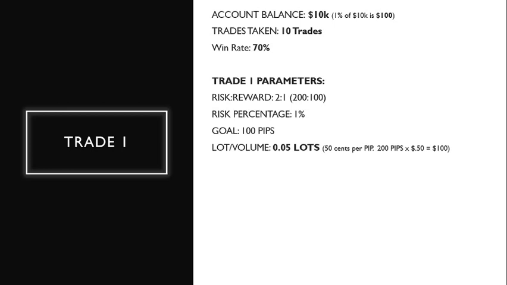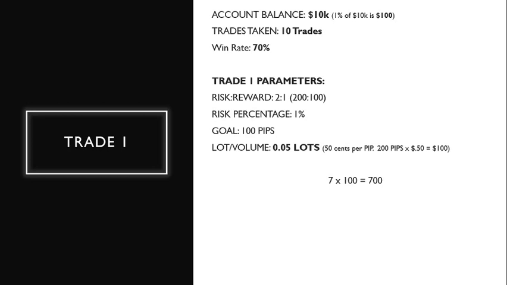And then, after it goes back in my favor, it goes 100 pips, and I get 100 pips, 50 cents each, right? So here's how it breaks down. How many trades did I win if I'm at a 70% win rate and I took 10 trades? 7 of them. How many pips am I going for? 100. So what's 7 winning trades times 100 pips? 700. Now how many losers do I have? 3.